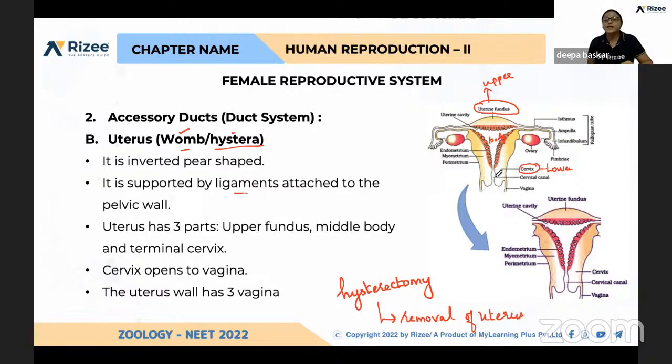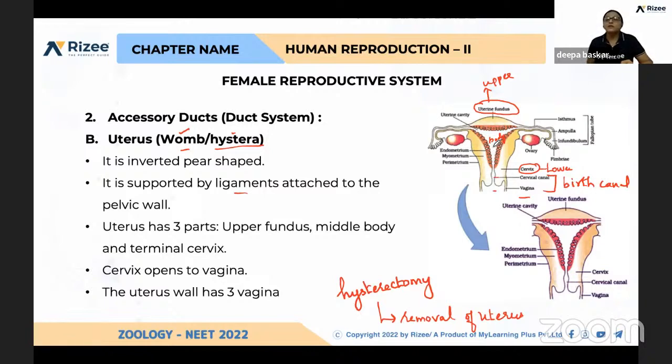So the cervix extends as the vagina. This is called the cervical canal. The cervical canal and vagina together form the birth canal. Question will be asked. The birth canal is formed by the cervical canal and vagina.